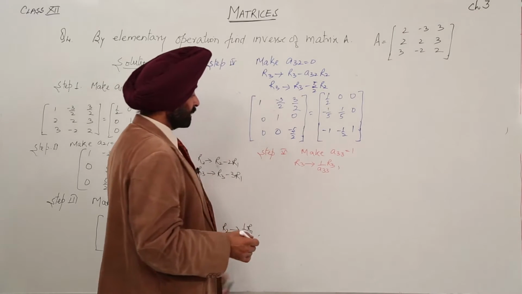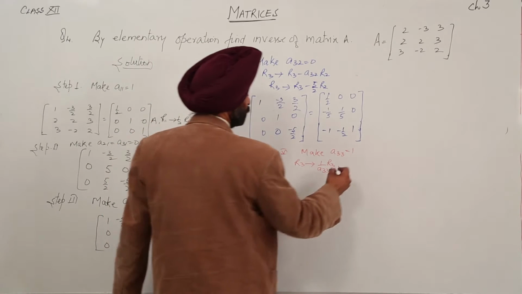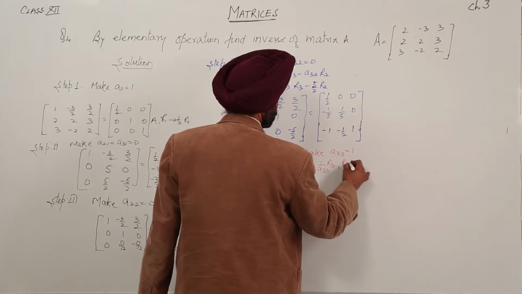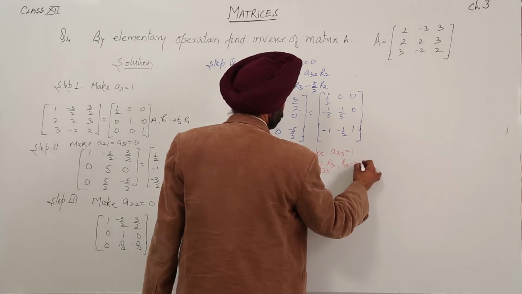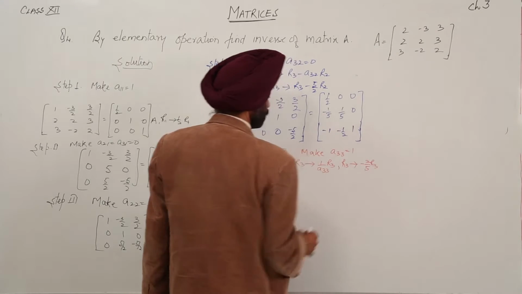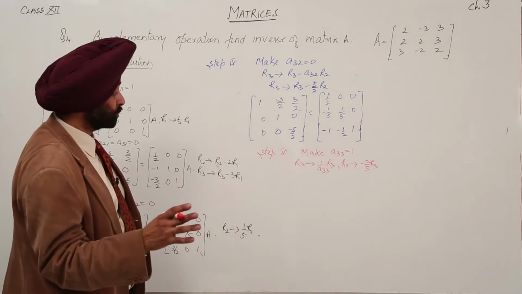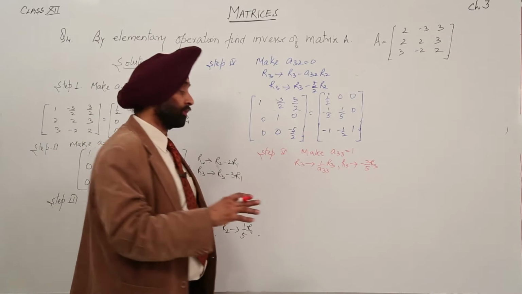Now what is A33? It is minus 5 by 2. Now 1 upon minus 5 by 2 becomes what? R3 approaches minus 2 by 5 R3. Now it means we have to multiply by minus 2 by 5, or we have to divide by minus 5 by 2. Okay.